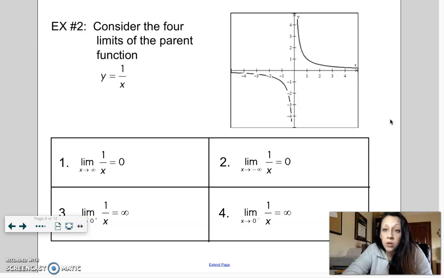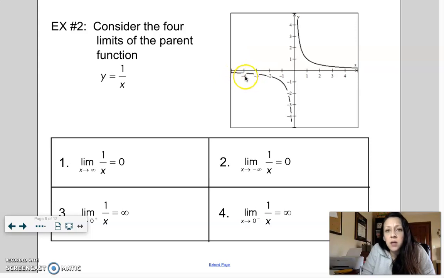So when you look at this graph, if I say what is the limit as x approaches infinity, that would be like asking you to follow the right side of the graph and tell where it's leveling off. And this is leveling off at 0, right? It's never going to hit 0, but it's getting closer and closer to it. The same thing goes for the left side.